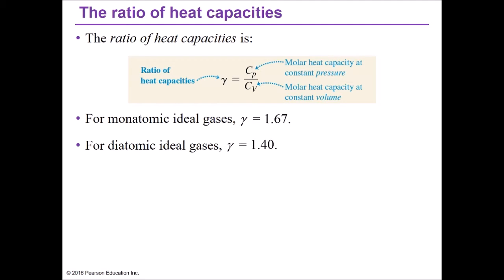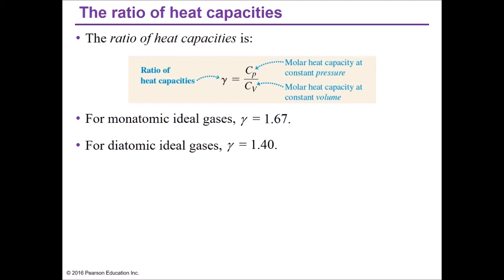All right. So we have this quantity gamma here. It's going to show up in the adiabatic processes that we're going to talk about in a moment. Gamma is a ratio of heat capacities, and it's helpful when we start solving our adiabatic problems. They have set values for gamma.